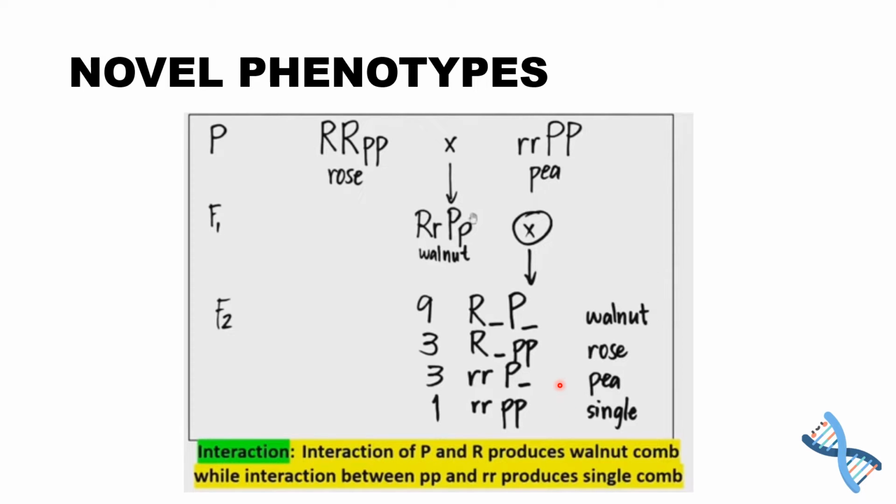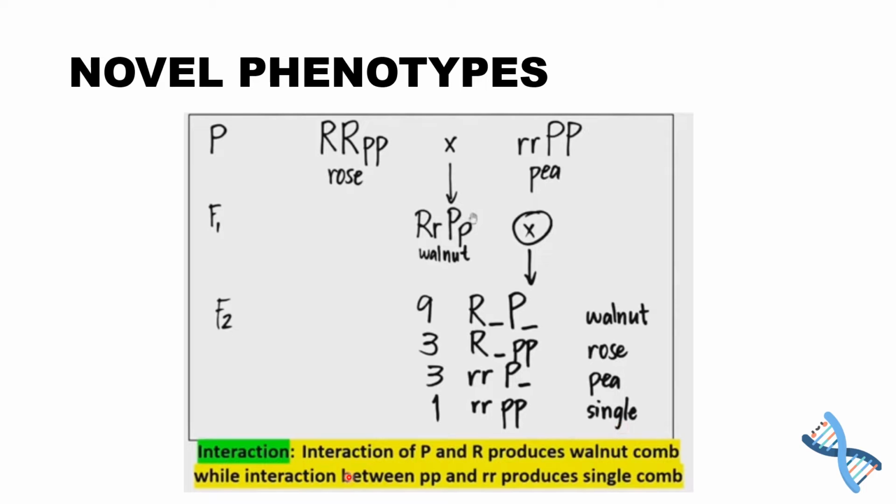So, sa novel phenotype, di ba sa completely dominant, you can see, pag dominant silang pareho, ang kalalabasan will be walnut. Pero pag isa lang sa kanila yung dominant or isa lang sa kanila yung recessive, pwedeng yung kalalabasan is rose or yung P. And then, if silang dalawa, yung gene ay recessive, it will become single.